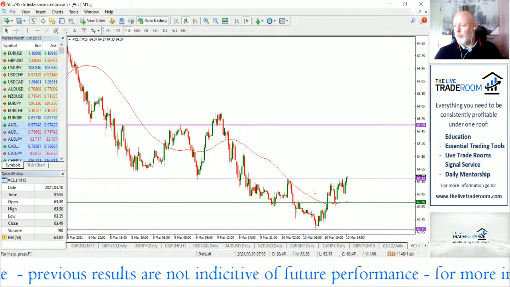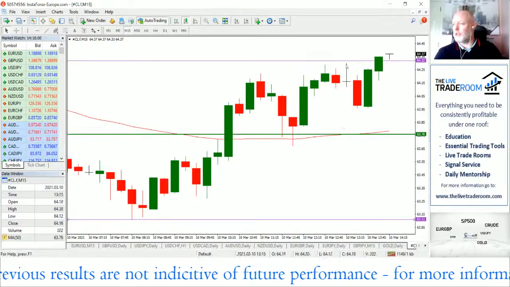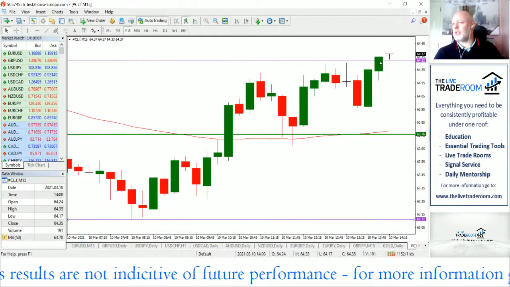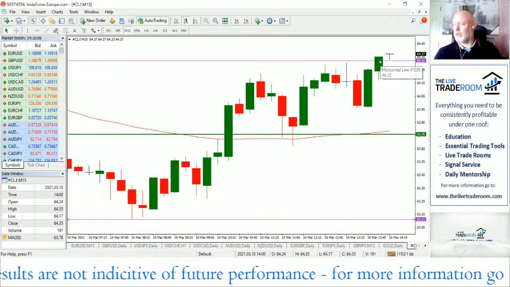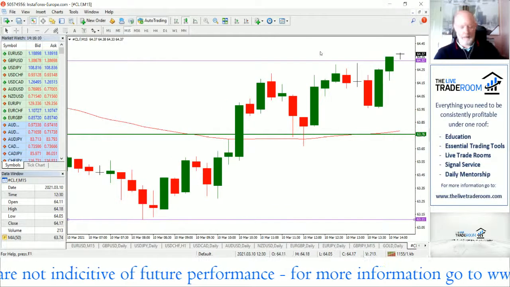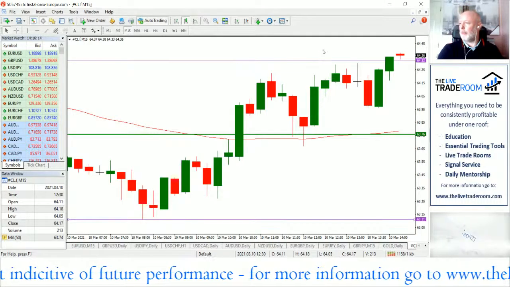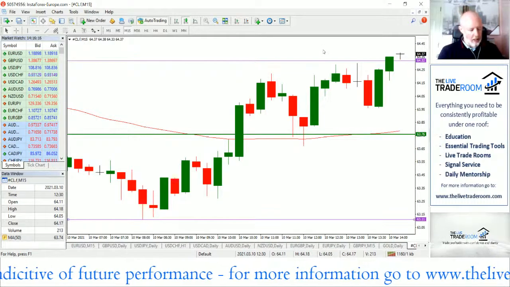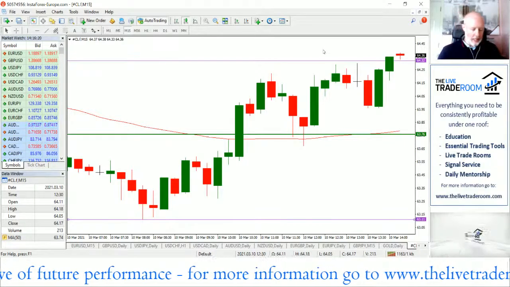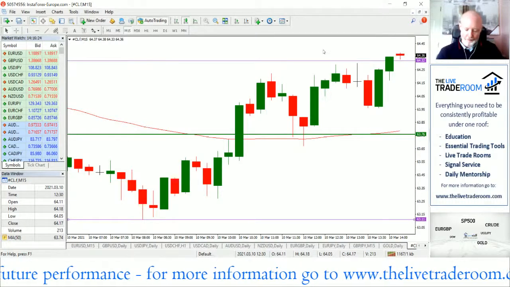So what we would like to be is looking for buying opportunities above that line that I've just drawn, which is sitting in here, the 62.32, and we're now just marginally above that, and we've just closed above that level on the 15-minute time frame. So it is a primed opportunity. We want to see if we get a bit more uptick to the upside in this market, and we might look to get into that trade very, very shortly.